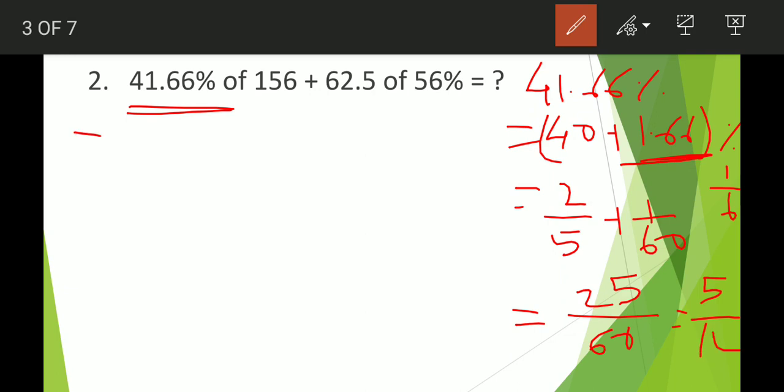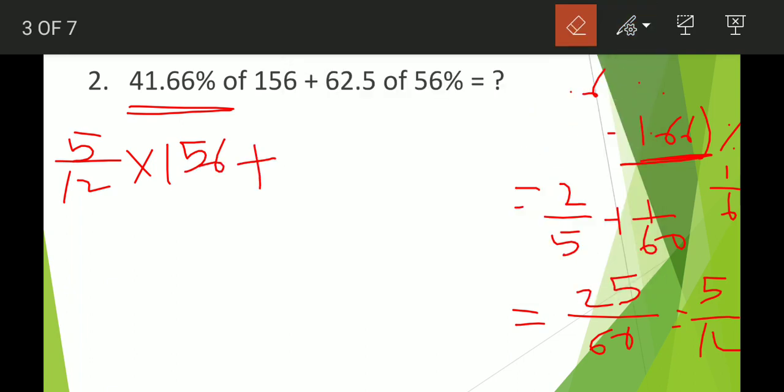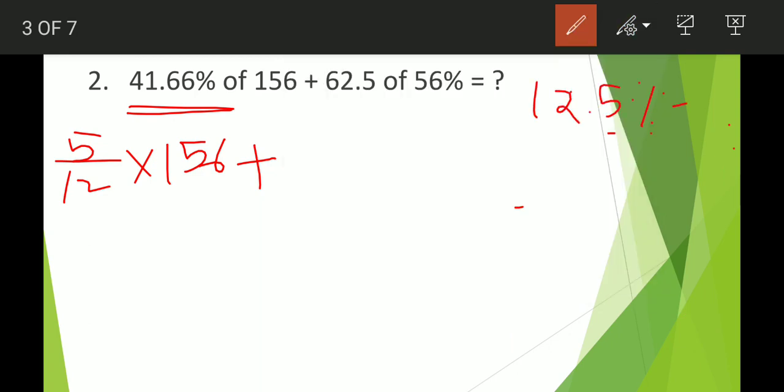So we can easily write it as 5 over 12 into 156 plus. Now in our previous question we have seen that the fractional value for 12.5 percentage is 1 by 8, and we know also that 12 5s are 60, so we can conclude that if we multiply this with 5, we will get this.